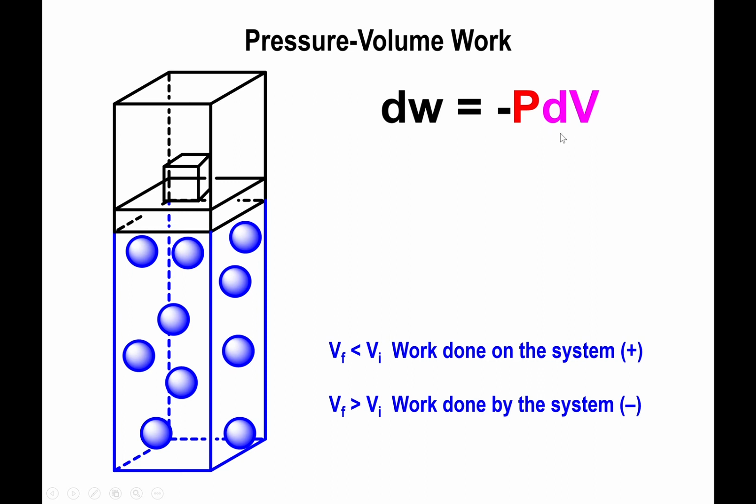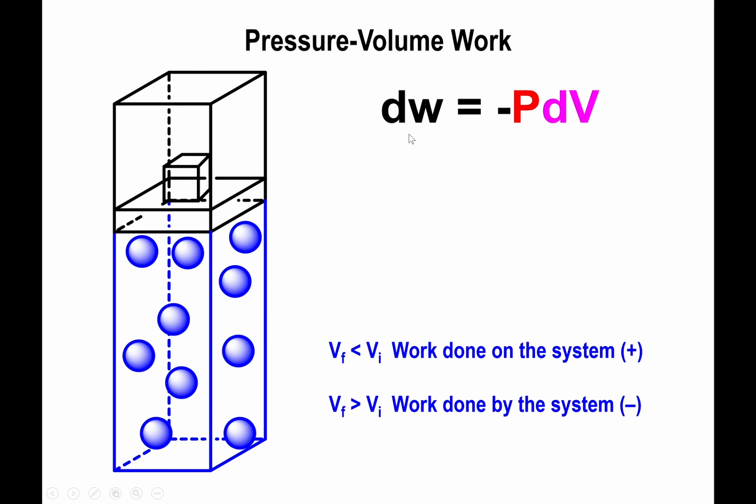And what that also means is that the change in work will be attributed to the change in volume. And because the final volume tends to be less when the work is positive, that means that we need to put a negative in front of the pressure times the change in volume, because when the final volume is less, they give you a negative value for the change in volume.